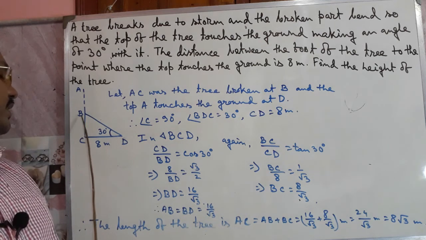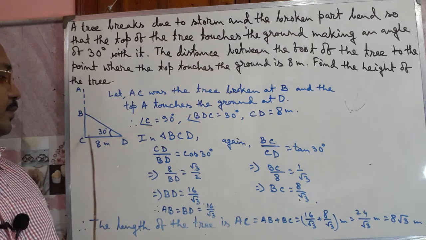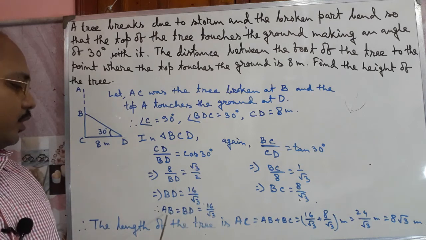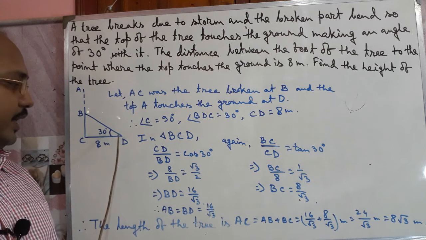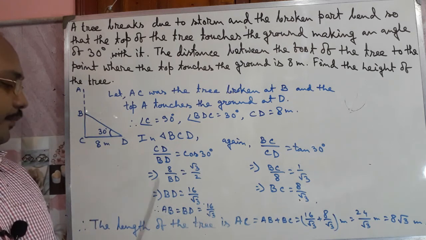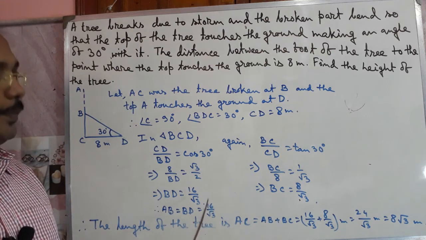Now in this right triangle BCD, CD by BD, that is base by hypotenuse, is cos 30 degree. From that we will get the value of BD, the length of the hypotenuse, which is equal to this length AB. So AB is equal to BD is equal to 16 by root 3.